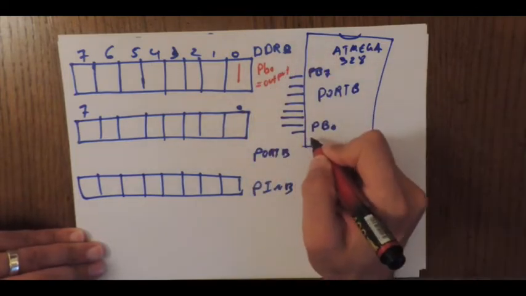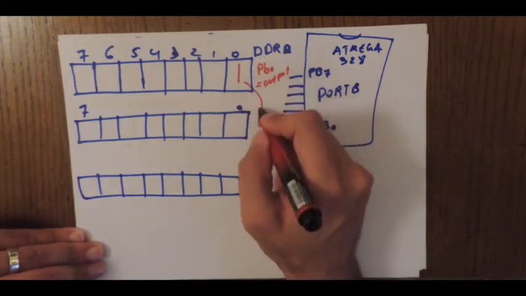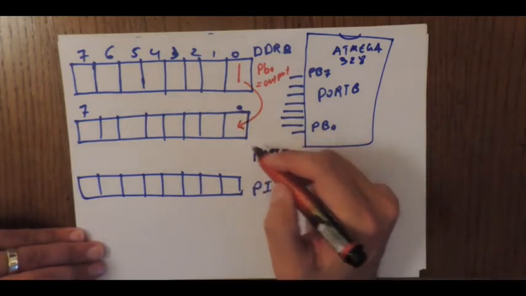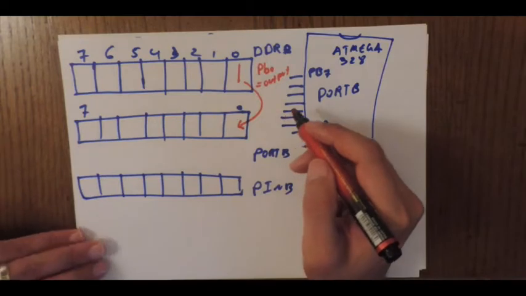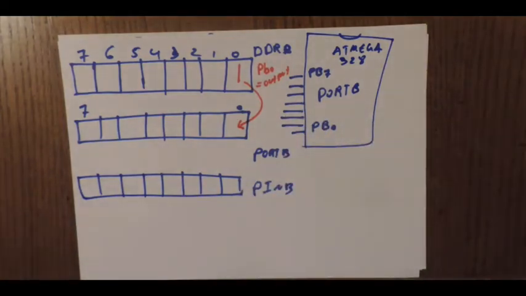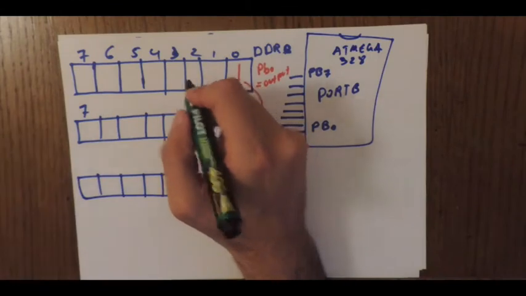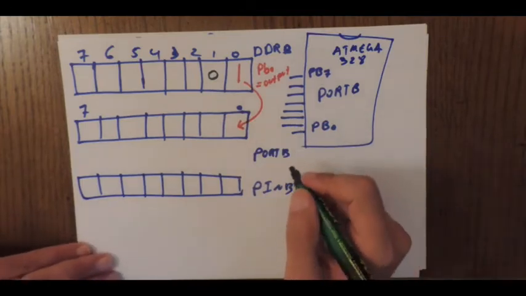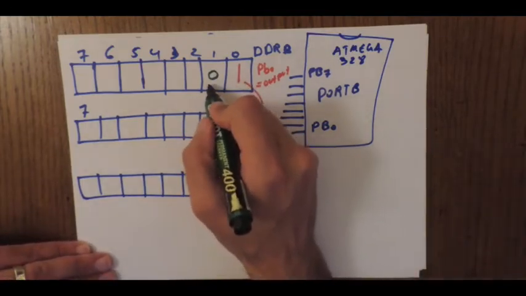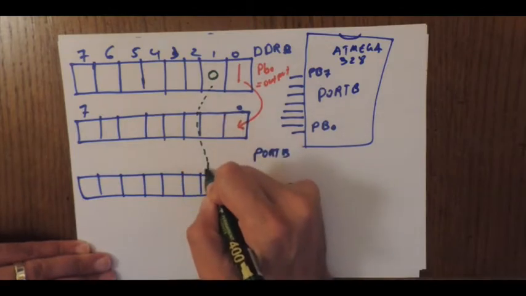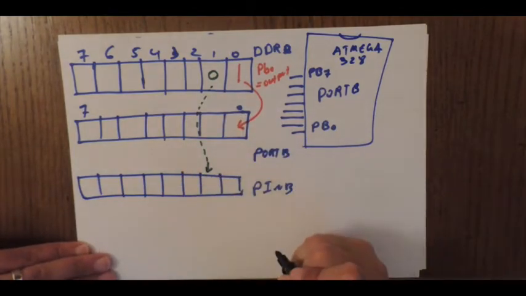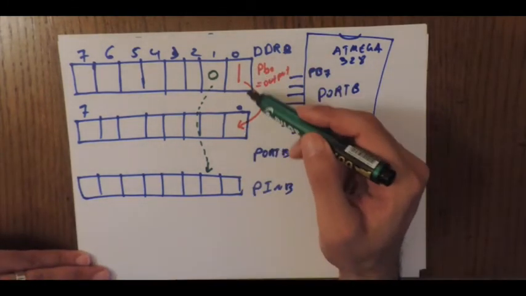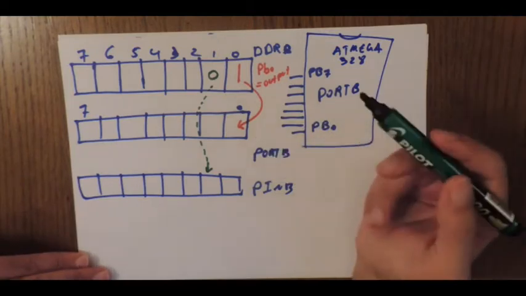So this pin acts as an output. So in this case, I need to check this out. Now I can read values from port B. However, if I have this placed as an input, I need the second bit to be placed as input. I place 0 here, and this means I need to check this bit. So we can select which pins are input and which pins are output.